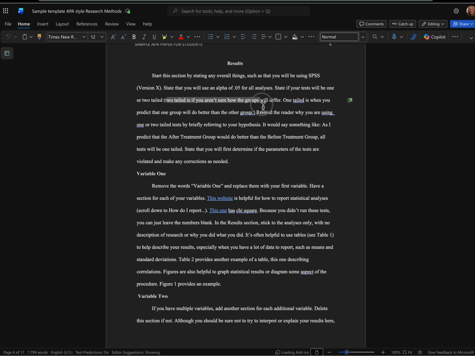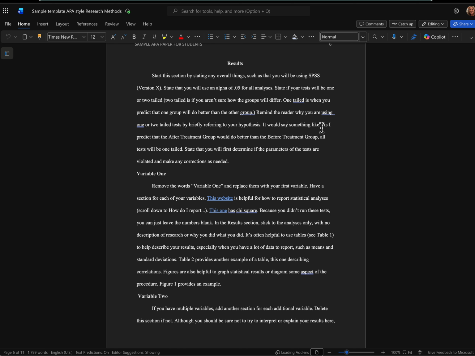Two-tailed is if you're not sure how your groups are going to differ, like say you use red or blue and you don't know how paint color might impact people's happiness, then it would just be two-tailed. But if you did something where you think, I did this treatment, I think it's going to make this other group better, then it would be one-tailed.